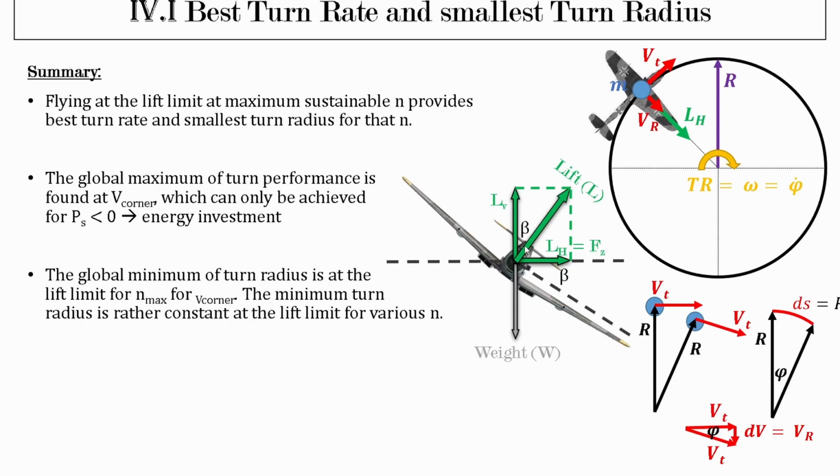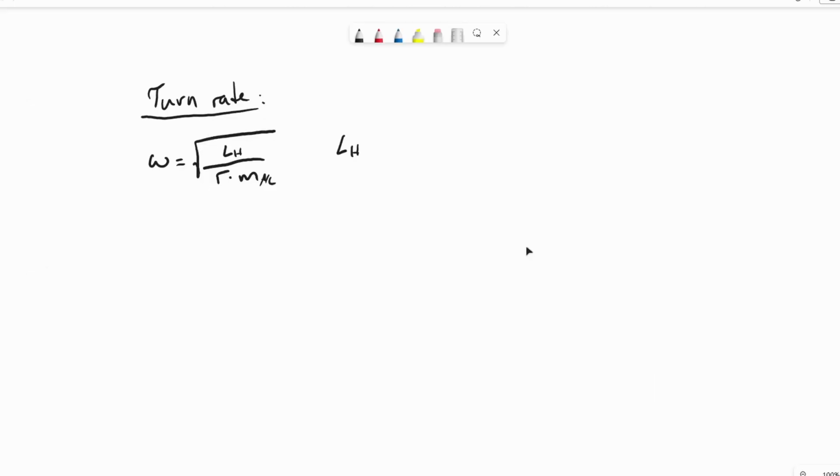So we are just going to do that, and we've also seen this in previous videos. So our horizontal lift component is hence equivalent to sine of bank angle times total lift.